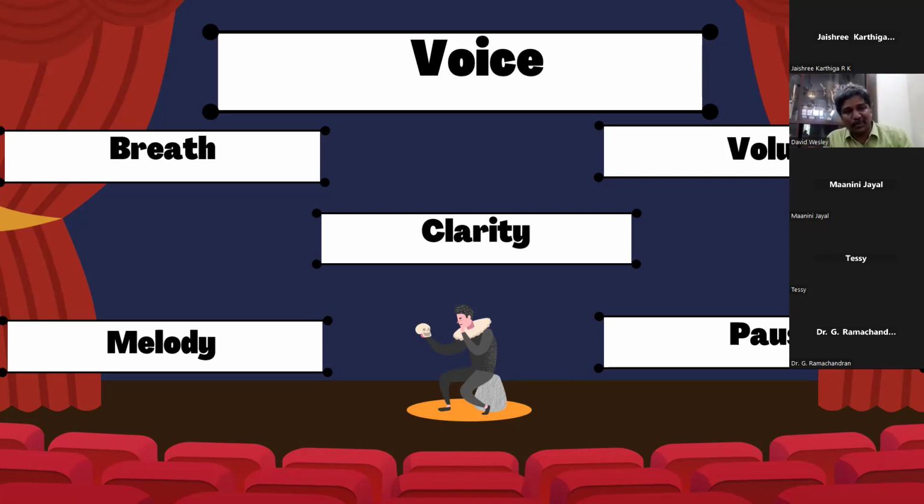Clarity also, I spoke. When it comes to melody, it's an interesting one. It's very intrinsic. You don't really know how to do it. There are no exercises for us to get melody, but being just conscious of not having a sing-song way of speaking.